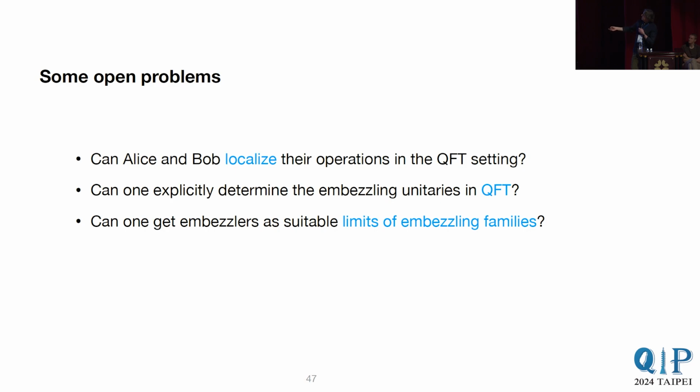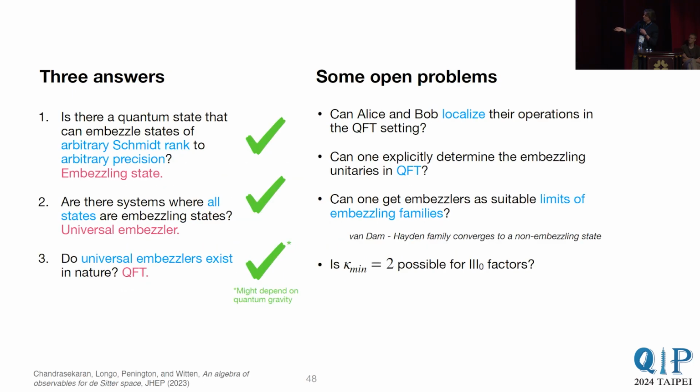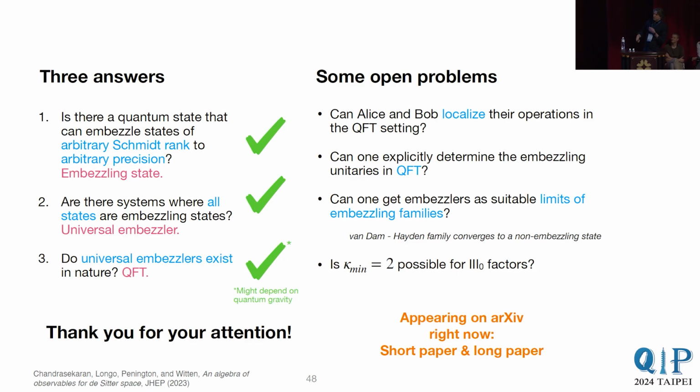What is the relation with limits of embezzling families? Here we have a kind of no-go result for the converse, at least in a certain case, namely this Van Dam-Hayden family does not converge. And the question that was open for the type III_0 case, can we achieve kappa min equal to 2 in that case or not? And with that, let me give you this as the last slide. Thank you for your attention, and hopefully by now you can also access our papers on this topic.